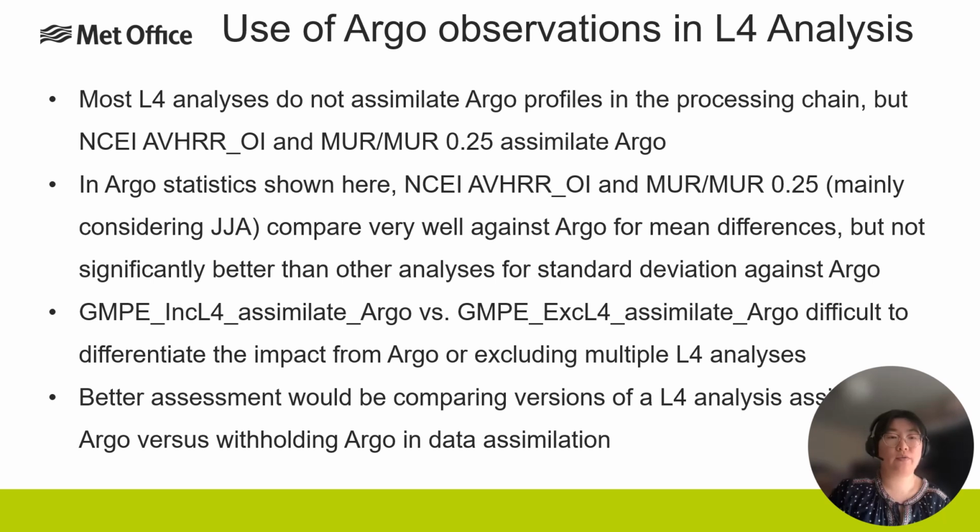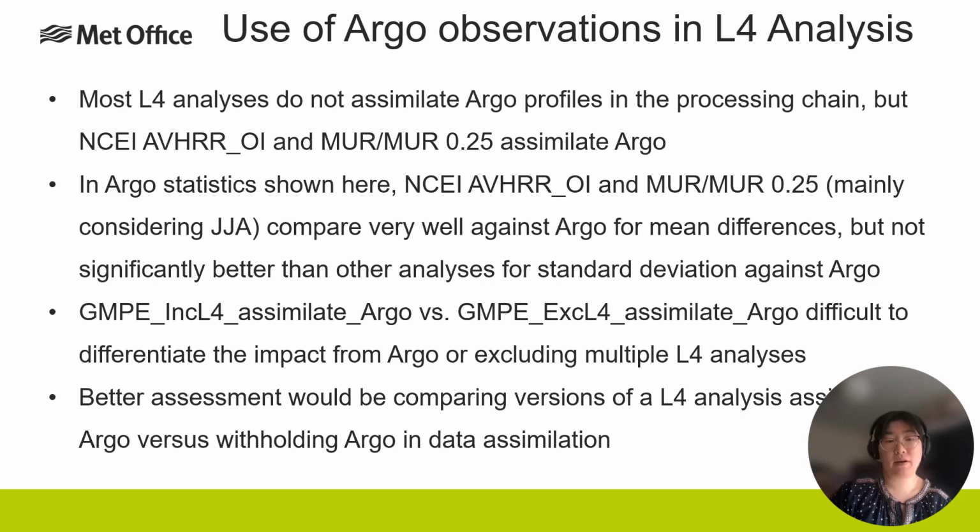So in the Argo statistics here, we see the AVHRR OI and the MER compare pretty well against Argo, especially when the analysis is normal, not considering MER in wintertime. But the standard deviation doesn't seem to be significantly better than the other analyses. So it's hard for me to assess if that's because they assimilate more Argo, or because of some other processing chain when they produce the products.